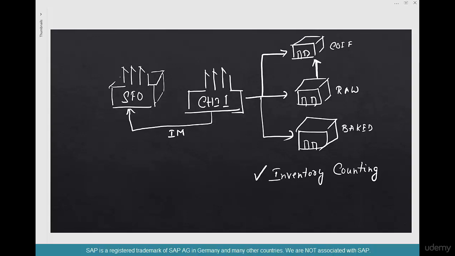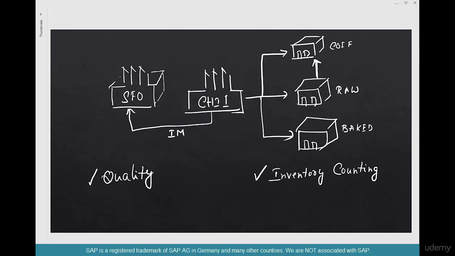So inventory management involves movement of goods within the company or across company codes, or activities like inventory counting, or activities like quality management. Another activity is related to quality. For example, when coffee comes in, you don't just accept it as it is, right?